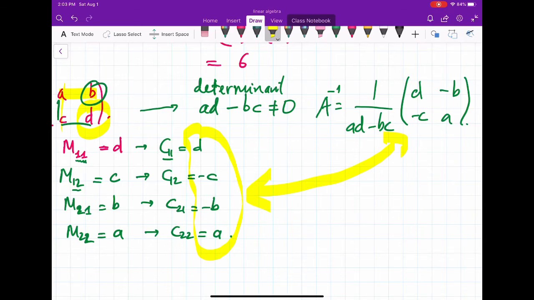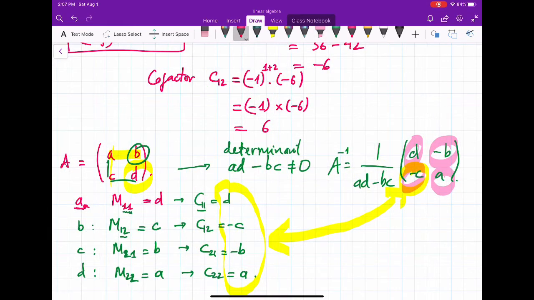C11 is D. C12 is -C. C21 is -B. And C22 is A. So, in general, maybe there is some connection between minors and cofactors. Is it correct?